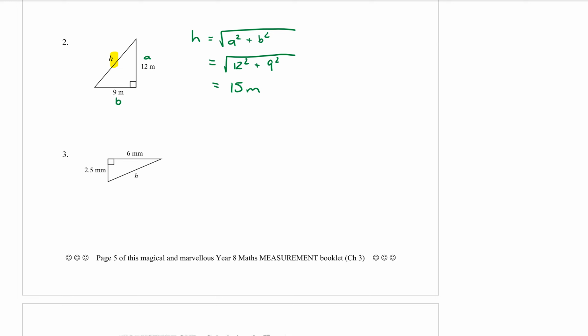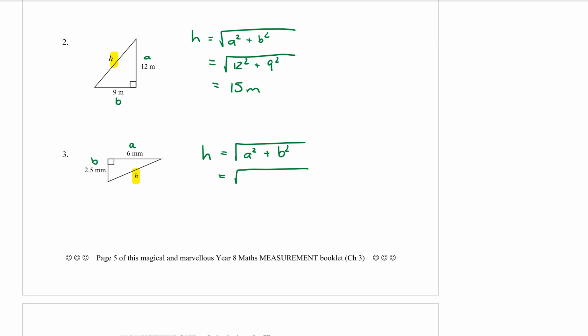Finding the hypotenuse. We've got a little h there, finding that hypotenuse. So h equals square root a squared plus b squared. A and B, I'm going to call A 6 and B the 2.5. Let's sub it in. Second line. Square root.